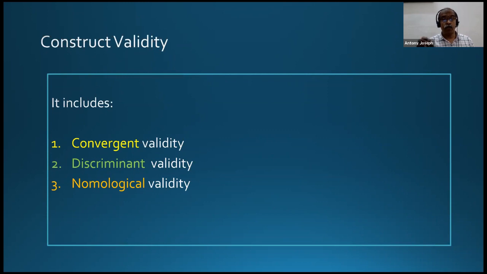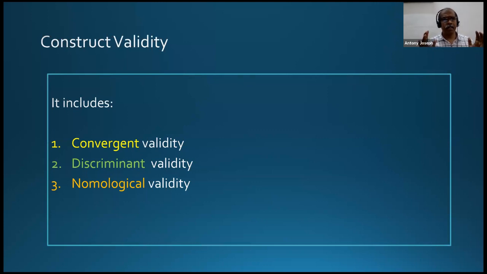These three types of validation processes are to be done to ensure that your instrument is valid. That is, the instrument is performing exactly according to the theoretical expectations. Remember, convergent validity, discriminant validity, and nomological validity.